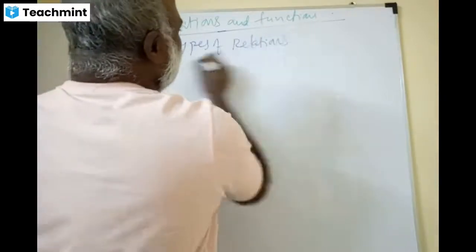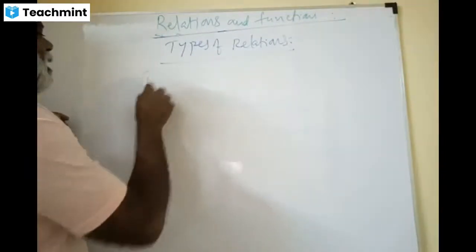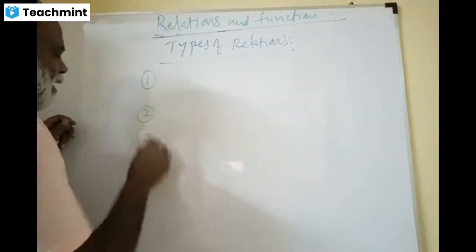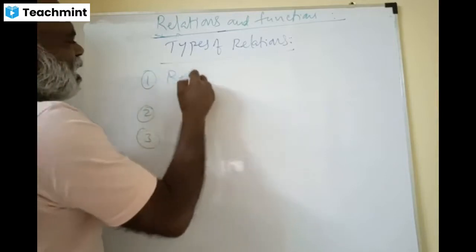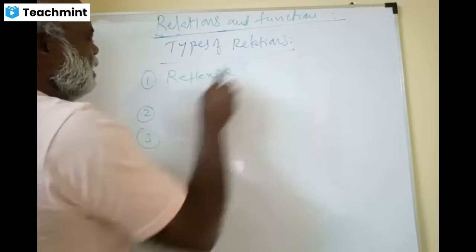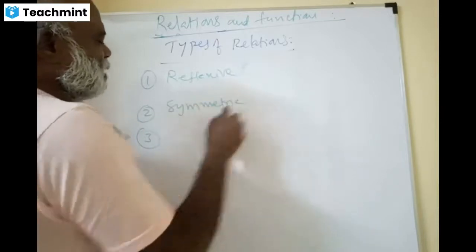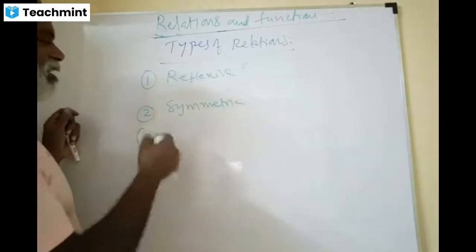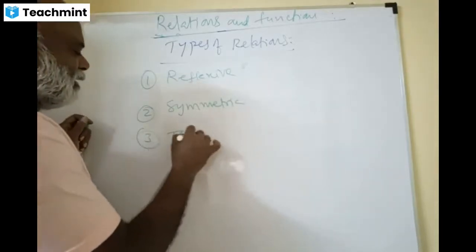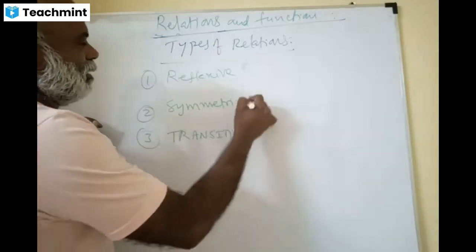Based on this only, your first exercise is formed. Number one, types of relations. Number 1, 2, 3. This first one is called reflexive relation. Second one is called symmetric relation. Names are beautiful. And third one is called transitive. Beautiful name.